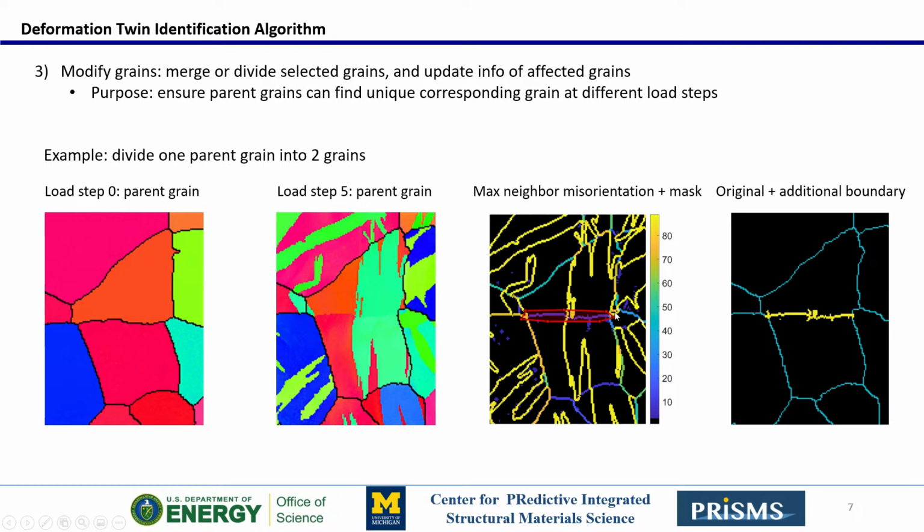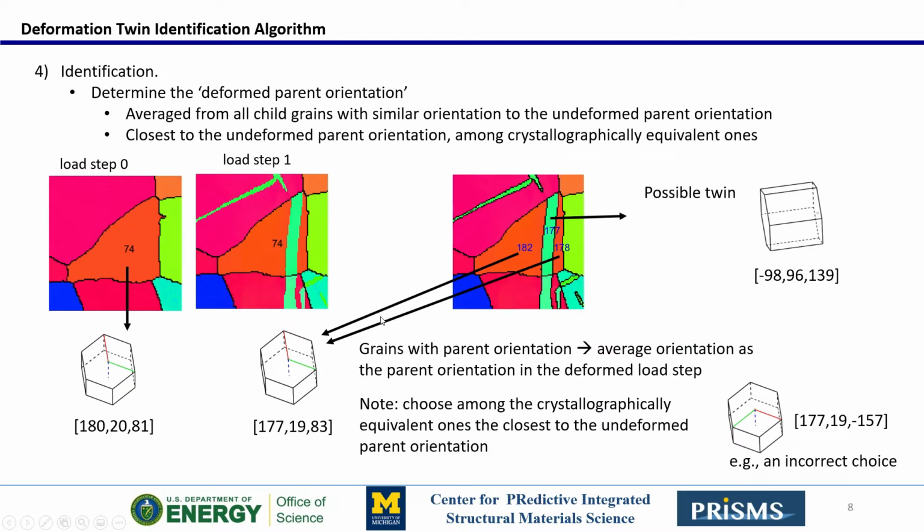Then we draw a mask to cover an area, and we select the points under the mask with max misorientation larger than a threshold value, say 5 degrees, and use it as an additional boundary and add it to the original grain boundary, and use these grain boundaries to divide this parent grain.